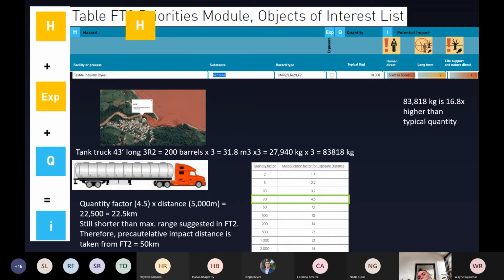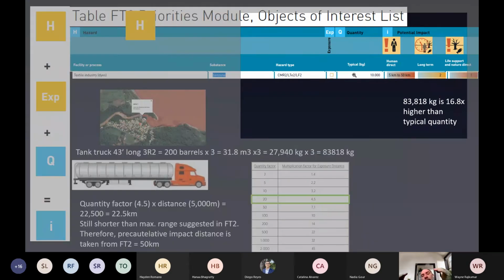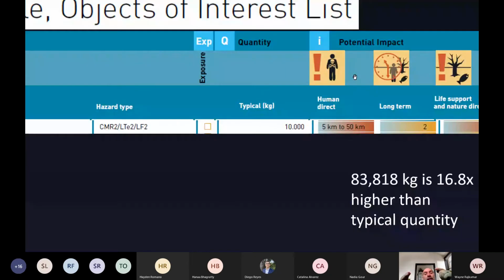the one suggested. If I make a more in-depth research into the tables, I find that for benzene, table 2 suggests a precautionary measure of 50 kilometers when the impact is a direct impact to humans.